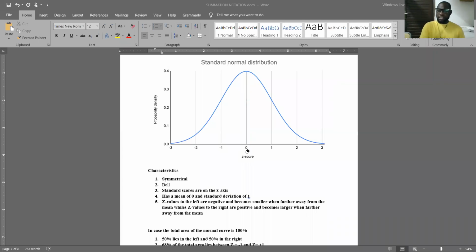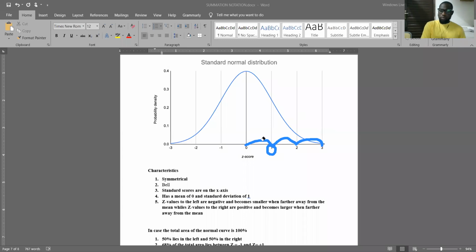The normal curve distribution also has a standard deviation unit of 1. If you see, this is the mean, then there's a unit of 1, then another unit of 1, another unit of 1. That's how the normal curve distribution is: 1 unit, 1 unit, 1 unit.